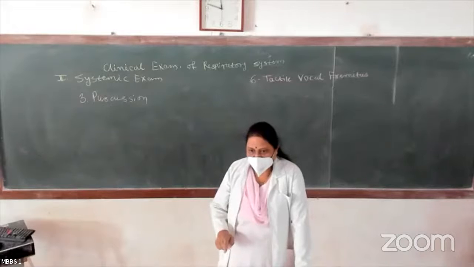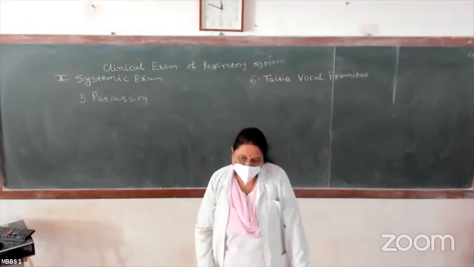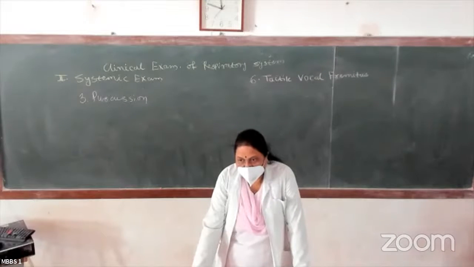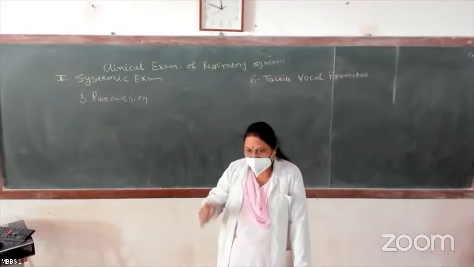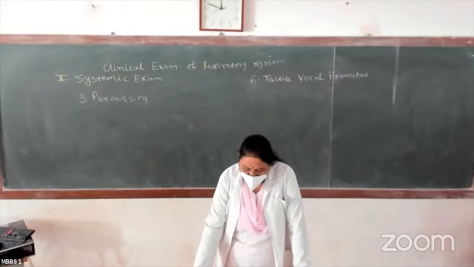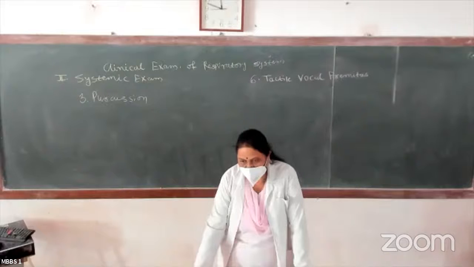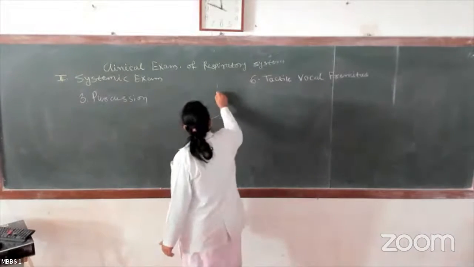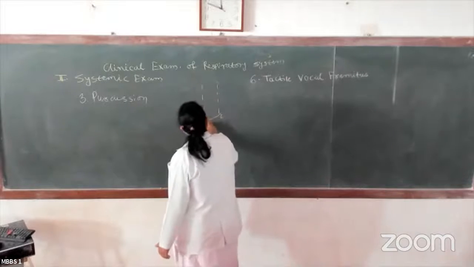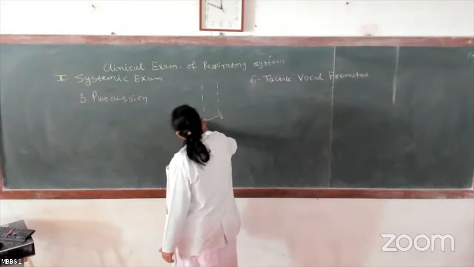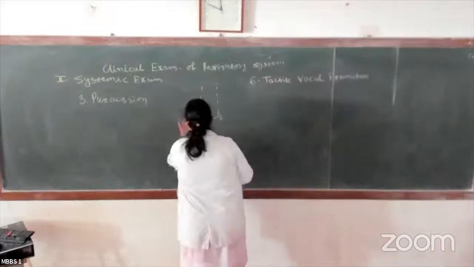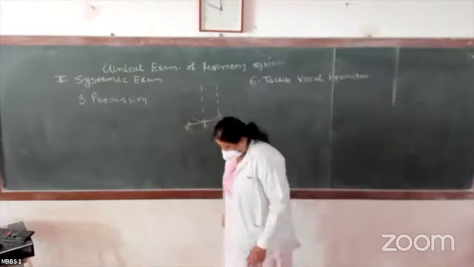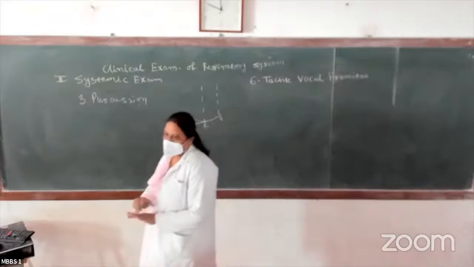At the mammary line, it is at the sixth rib; at the axillary line, the eighth rib; and posteriorly at the scapular line, the tenth rib.